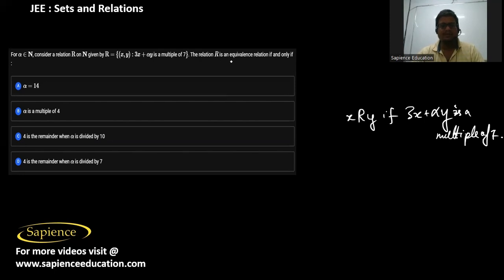The relation R is an equivalence relation if and only if. So we have to find what alpha is if R is an equivalence relation.